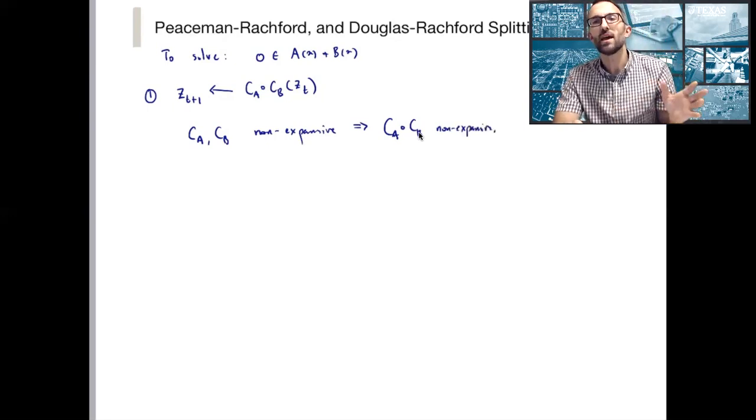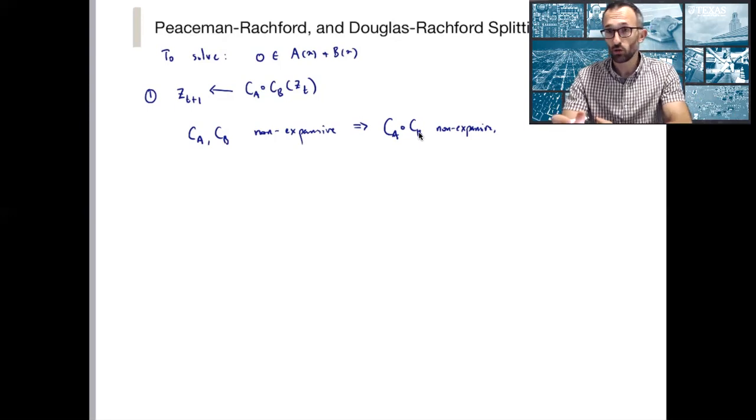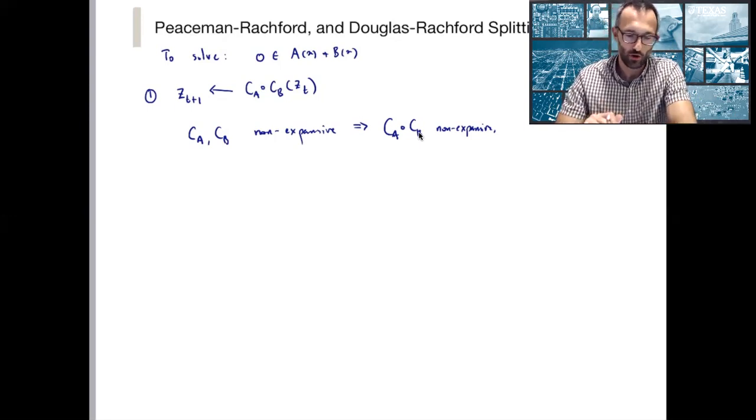Now, if either CA or CB is a contraction, then the composition is guaranteed to be a contraction, and in that case, we know that z_t is going to converge to a fixed point at a linear rate. But if we don't know that, then we don't yet have enough to determine that this iteration is going to converge. So we need a little bit more.